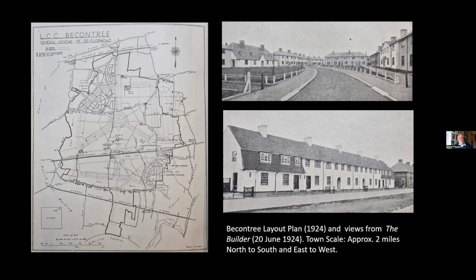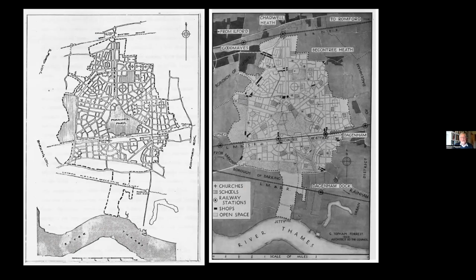It was built over a lengthy period. The problem with Becontree was that it was developed with great commitment over a lengthy period of time, but with the services, the amenities, the shops, the schools, and above all the workplaces lagging far behind the house building construction itself. Other things lagged too.